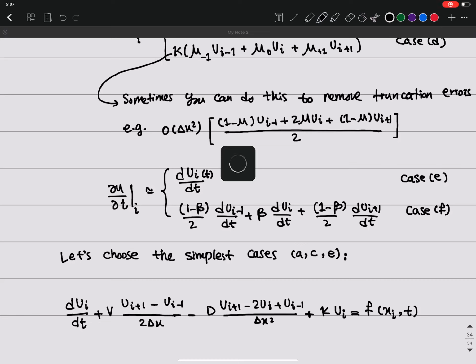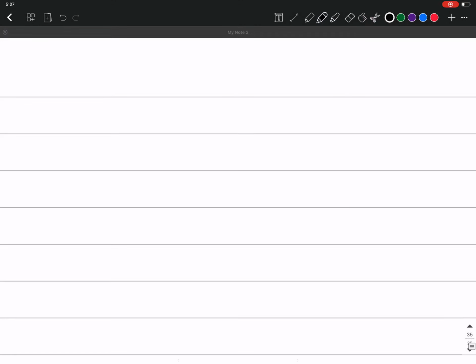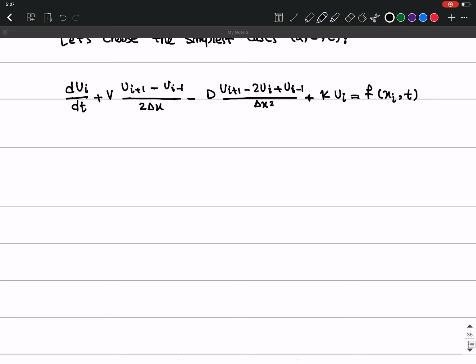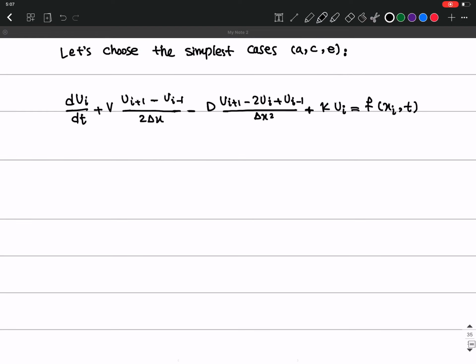But before doing that, I want to go further and simplify these equations and write all of them as a matrix, where you can easily solve it on a computer or other programming frameworks. So let's see. My general equation, I can write it as this.